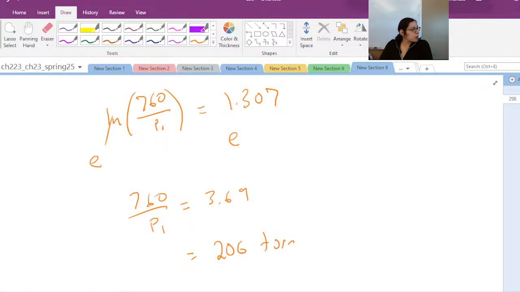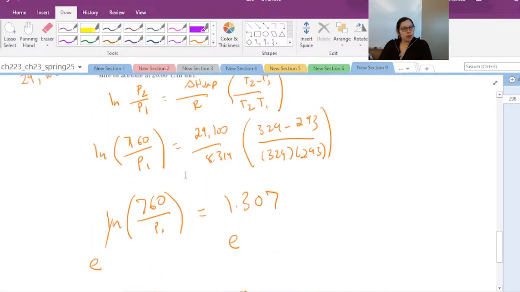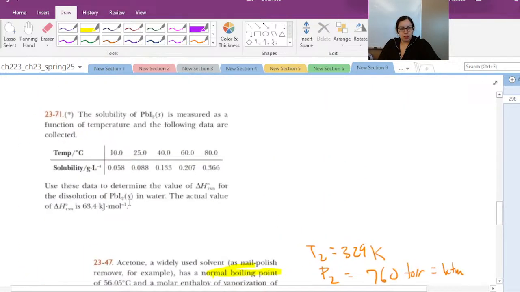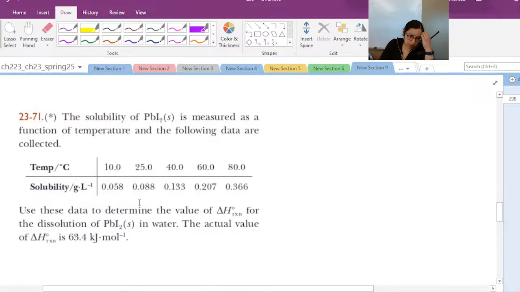We're kind of running out of time. I'm trying to figure out what I wanted to do next. Let's see, 71 is kind of tricky, but it's also good, because it's solubility practice, which we could do.